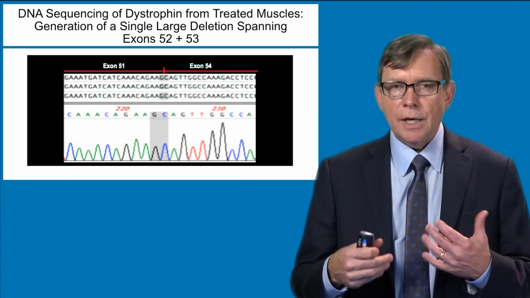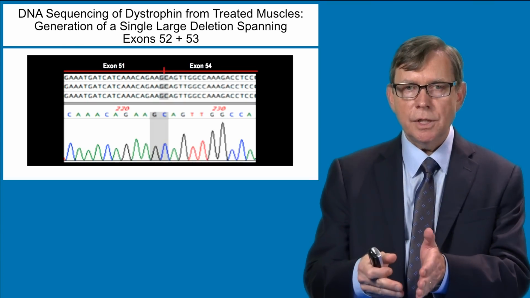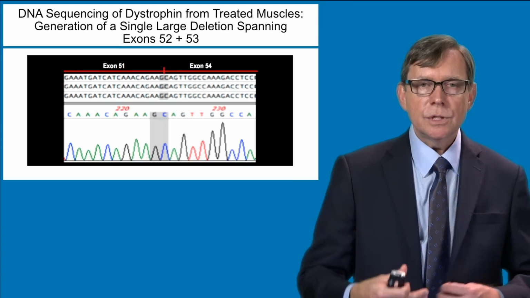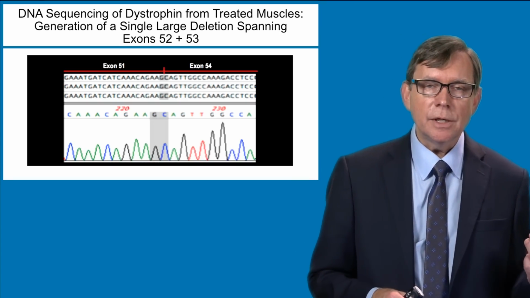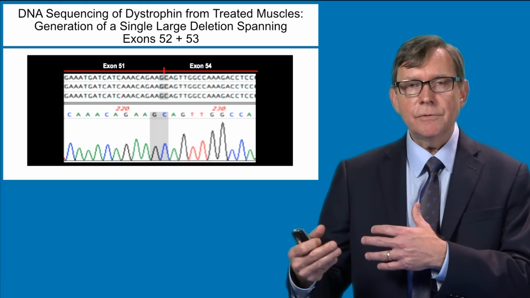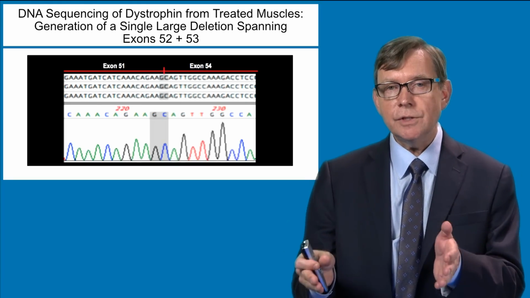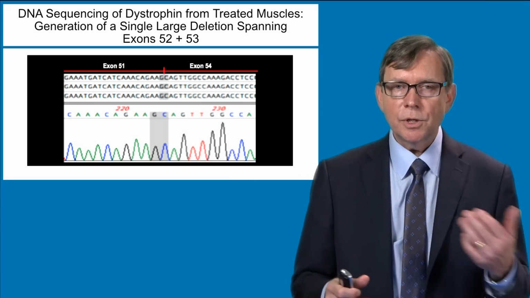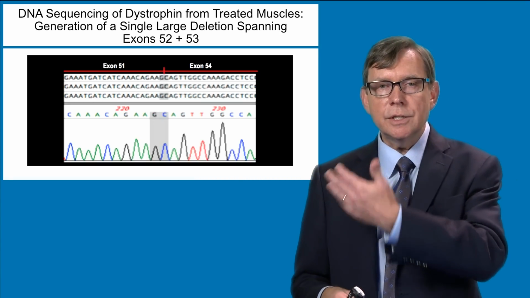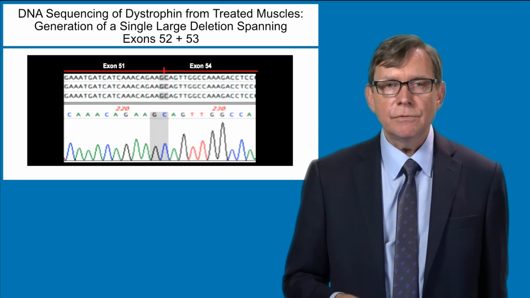And the final assay that we've looked at, or one of the final assays we've looked at, is to ask if the messenger RNA that's coming off of these targeted genes now encodes what we predicted that they would encode. And the example I'm showing you here is the case where we developed vectors that were designed to delete both exons 52 and 53 from the dystrophin gene. And if that was successful, you would predict you would have a messenger RNA arising from that gene that joined exon 51 directly to exon 54.